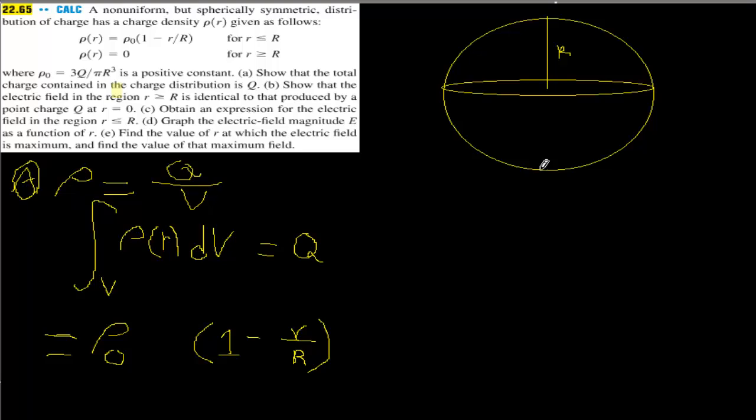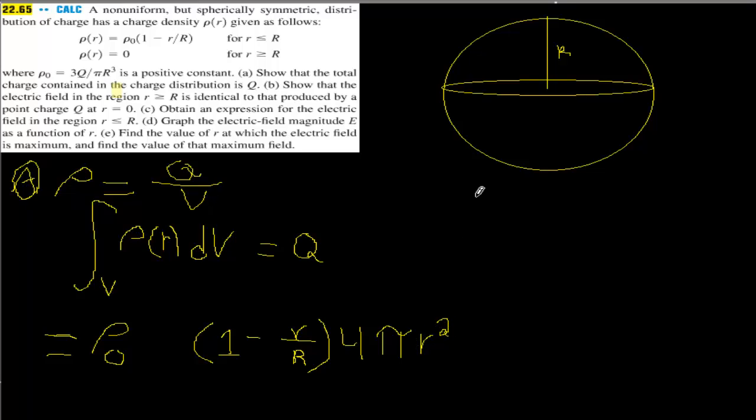That elemental piece is basically, make believe this was an orange and we were peeling off just surface areas of this sphere. And those surface areas are just going to be the surface area of a sphere, and the formula for that is 4 pi r squared.